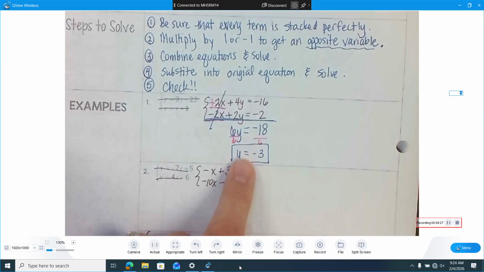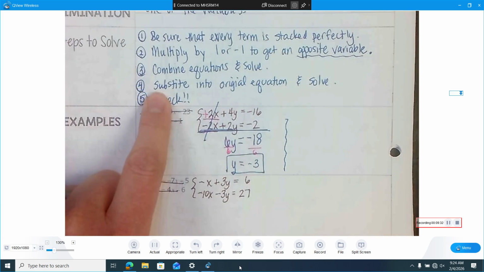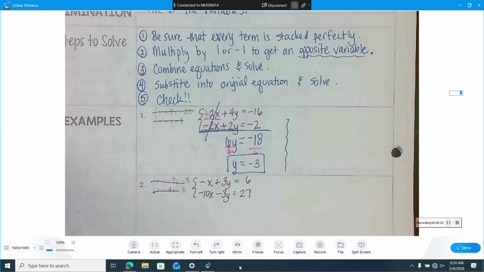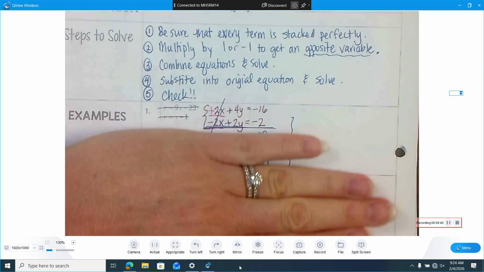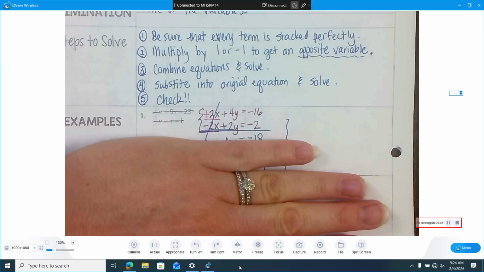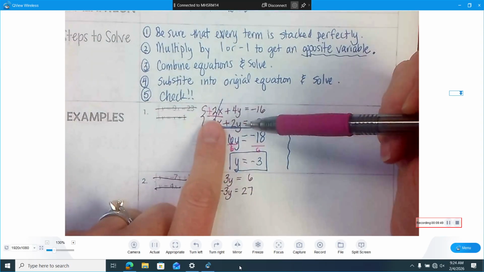All right, so we have an answer for y. So now I have to take my answer and substitute it into an original equation and solve. It does not matter which equation we choose. Would you like to substitute into the top equation or substitute into the bottom equation? You want to do the bottom? I would want to do the top. Why did I choose the top?